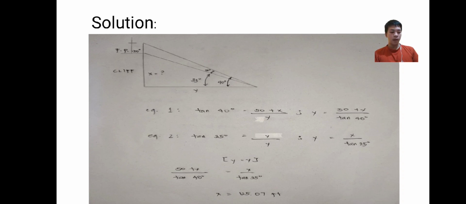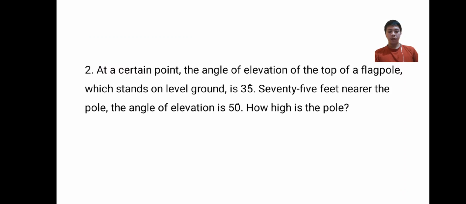So it will have y is equal to x over tan 35. So y is equal to y. Therefore, 50 plus x over tan 40 is equal to x over tan 35. So the final answer is x is equal to 125.075.